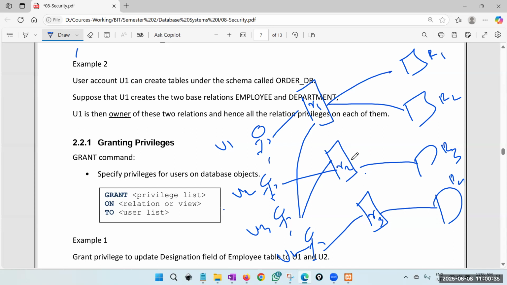Now my user 1 has access to this because it has role 1, and to this. My user 3, because user 3 has role 1, can access these two, and also user 3 has role 2, therefore user 3 can access this resource. So that is called role-based access control or role-based authorization.